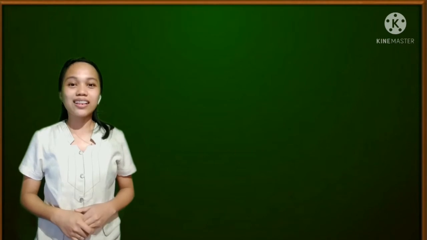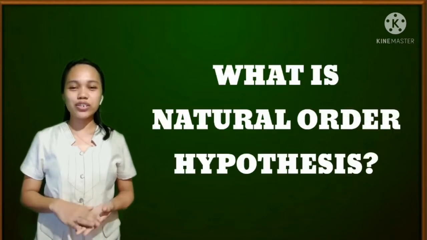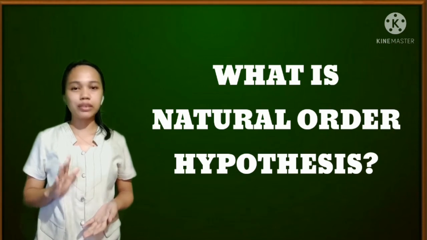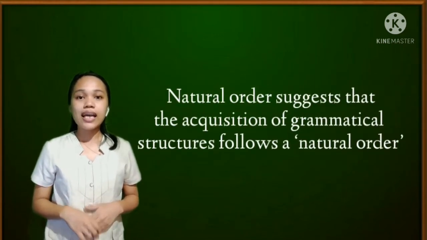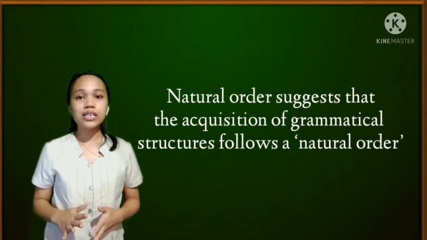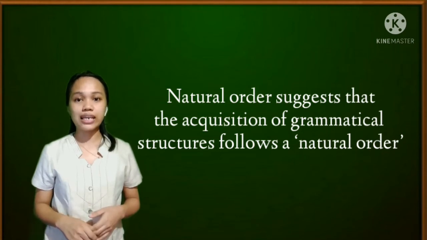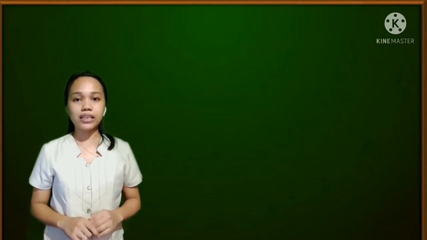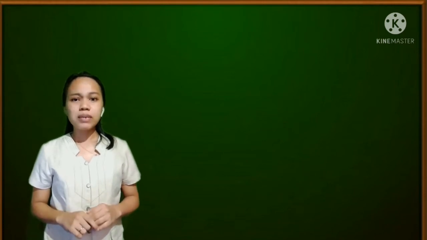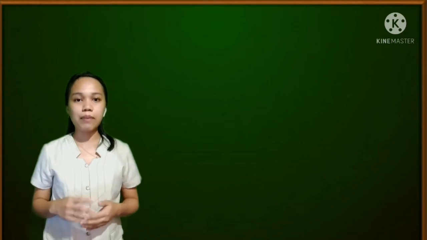Finally, the less important, natural order. I've mentioned this earlier on the input hypothesis. The natural order hypothesis suggests that the acquisition of grammatical structures follows a natural order which is predictable. For a given language, one grammatical structure tends to be acquired early while others late, so it's not really the same.